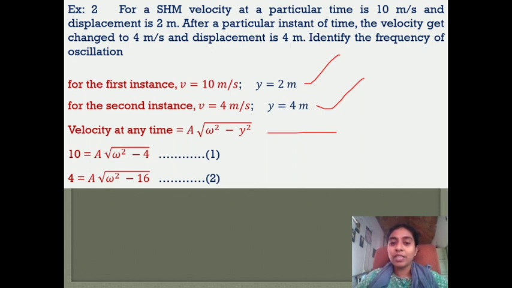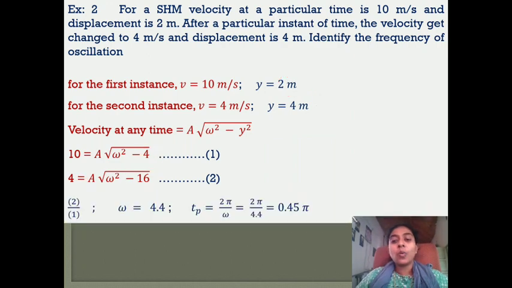So 10 is equal to a, whose value we don't know, into square root of omega square minus 2 square, that is 4. This is y square. Again for the second instant, velocity 4 is equal to a into square root of omega square minus 4 square. Displacement is 4, so 4 square we get 16.